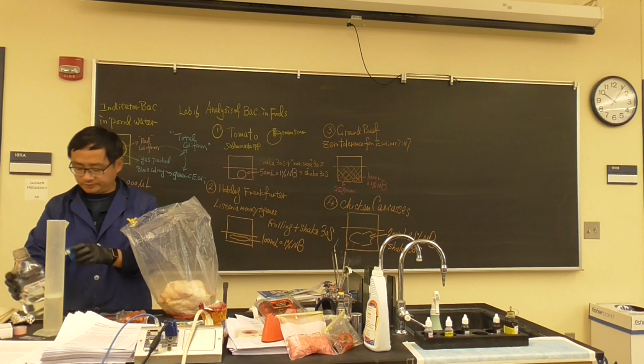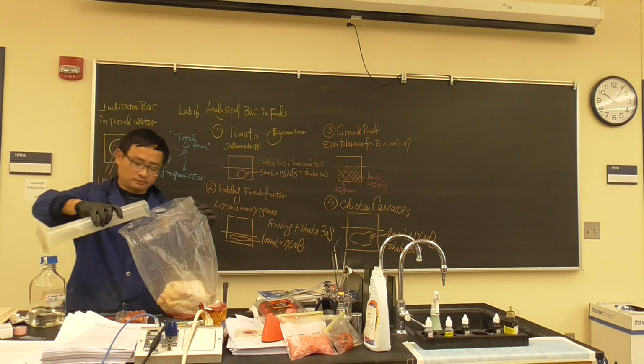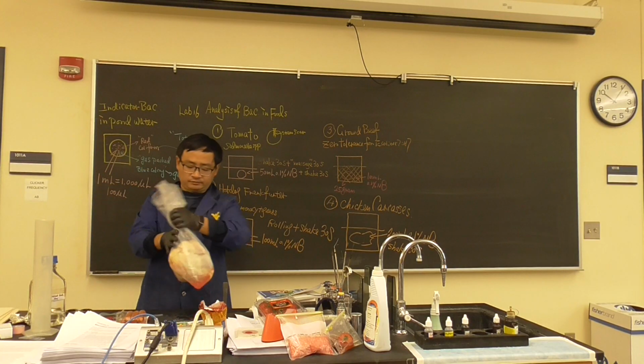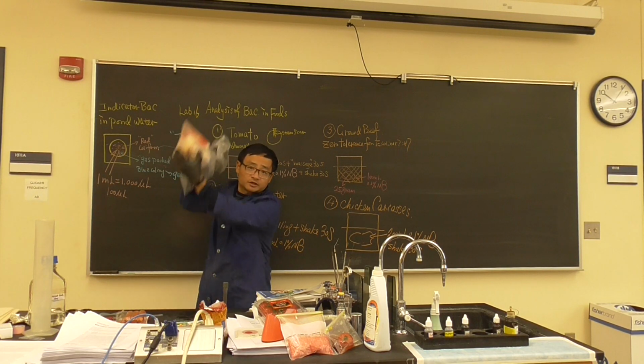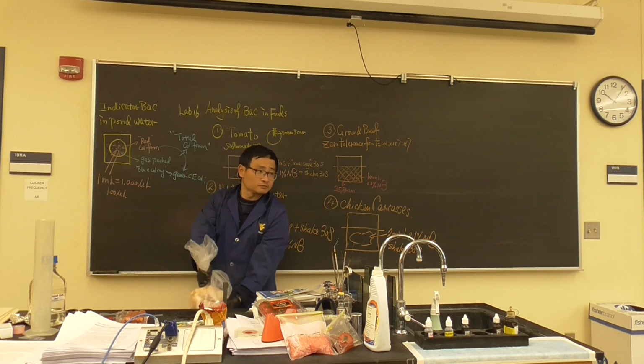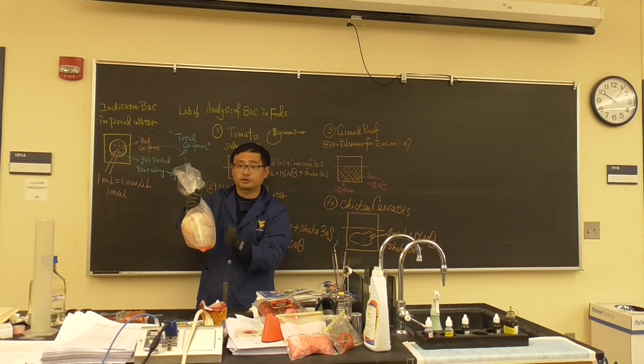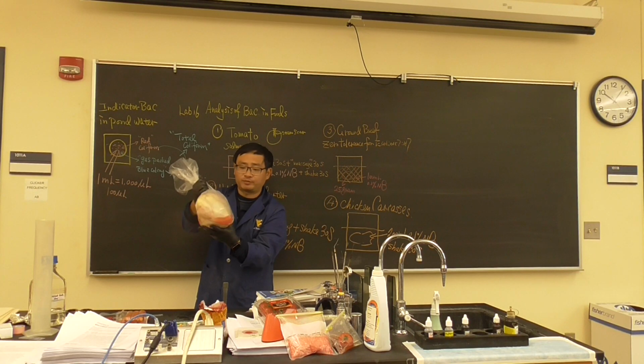A little bit more. When you add that, vigorously shake. And be careful about the wings, because the wings could block the bag. Have to be careful about the leg.